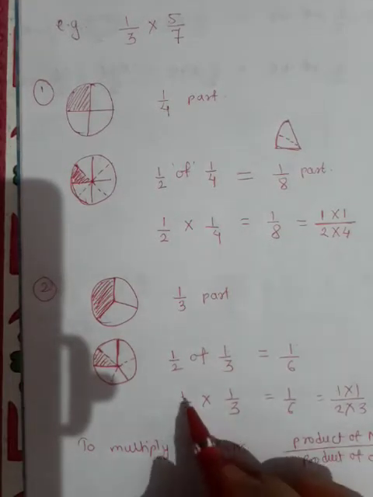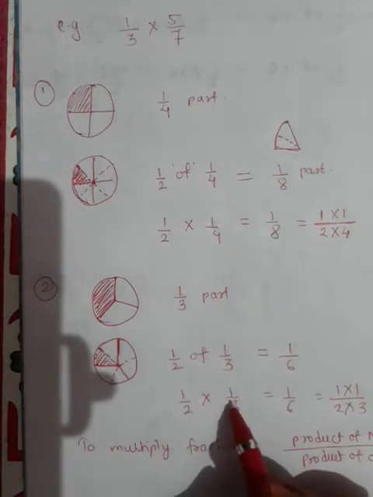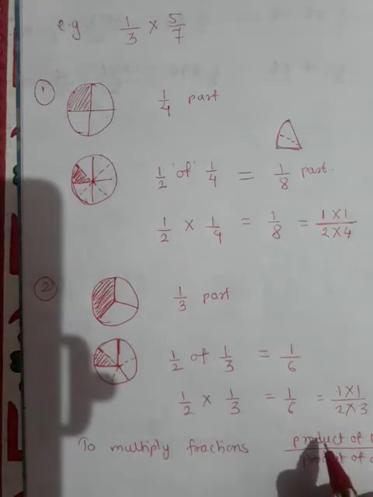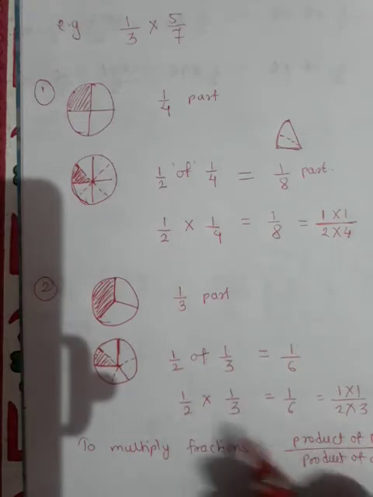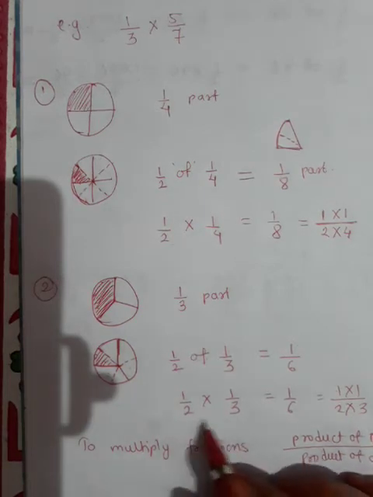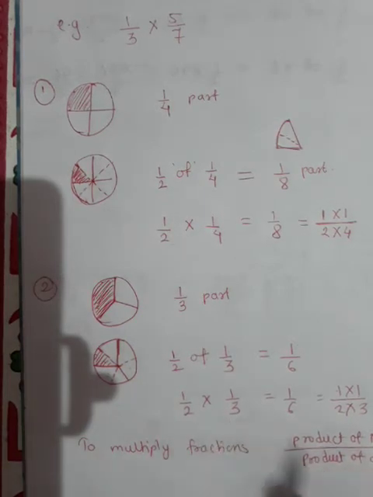When we have to multiply two fractions, how will we multiply? Product of numerator upon product of denominator. In this way you can multiply any two fractions.